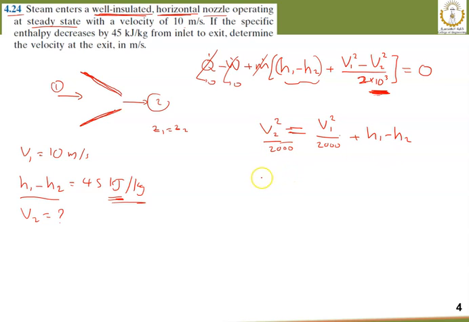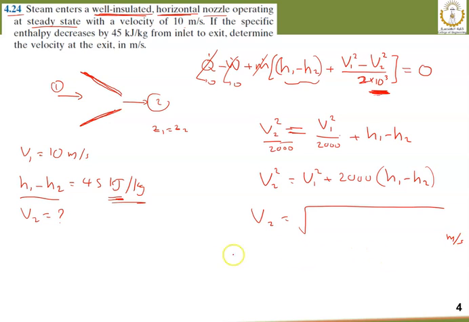So we multiply by 2000, we have V2 square equals V1 square plus 2000 times (H1 minus H2). And by that we can get V2. It's the square root of this, and this will be in meters per second.